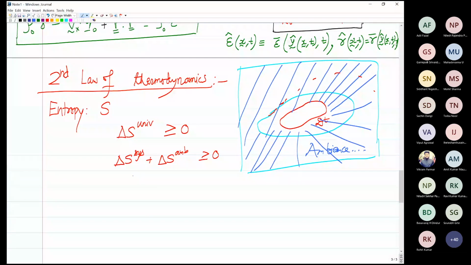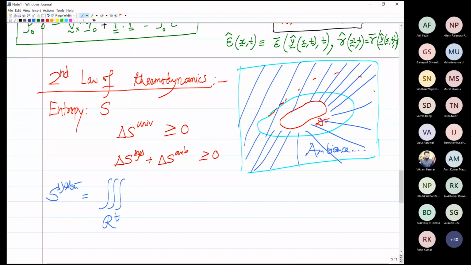Let's say I write it for the full body. And to introduce this S system, the entropy of the system, I'll think of it as an integral over the volume, because I'm thinking over the full body. You can also do it over just dt.